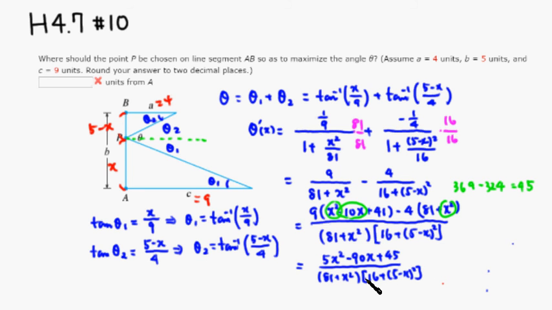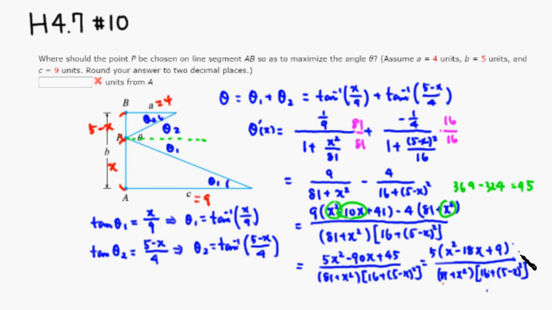Then we can factor out 5 in this case, so it's just a little tedious. 5 times x squared minus 18x plus 9, all over the same denominator, 81 plus x squared times 16 plus 5 minus x squared.